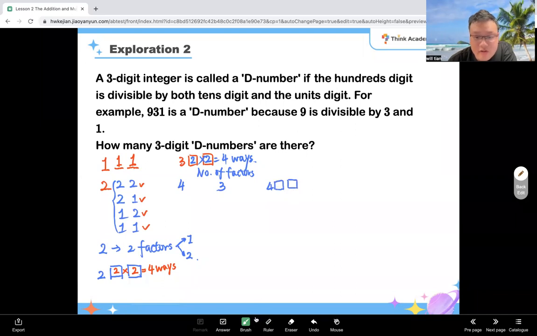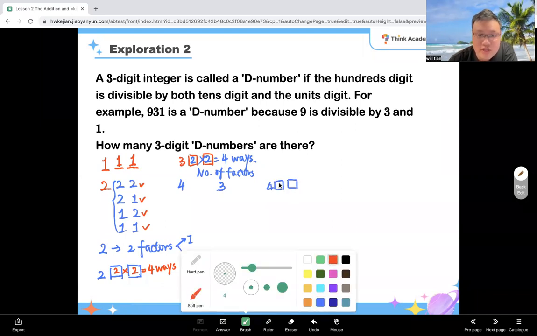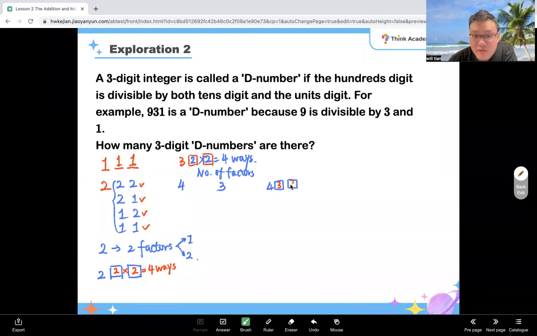So for the tens digit, you got 3 choices. And for the ones digit, you got 3 choices as well. So you multiply them together, how many different numbers are there? What is 3 times 3, guys? You have 9 different ways of forming the numbers, right? So 9 ways.